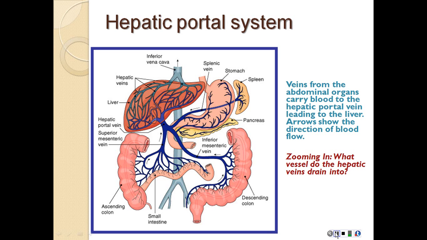Okay, so that's kind of how the system is. You have the arteries sending blood to the capillaries, the veins carrying blood away from the tissue capillaries, and allowing that CO2-rich blood to return to the heart and on to the lungs.